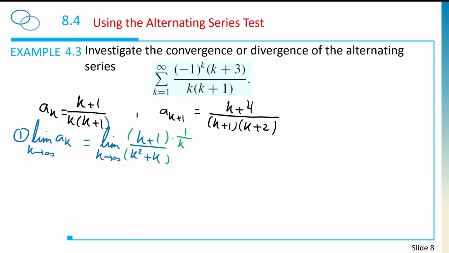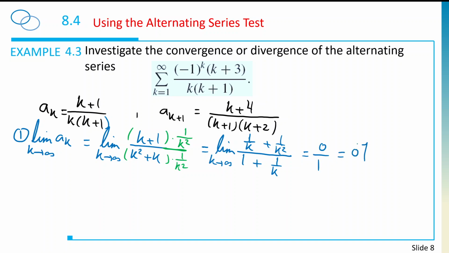What's the highest power down there? It's squared. So times 1/k squared. Now in the numerator I have 1/k plus 3/k squared, and down I have 1 plus 1/k, as k approaches infinity. Clearly, the numerator approaches 0 and the denominator will be 1, so this equals 0.